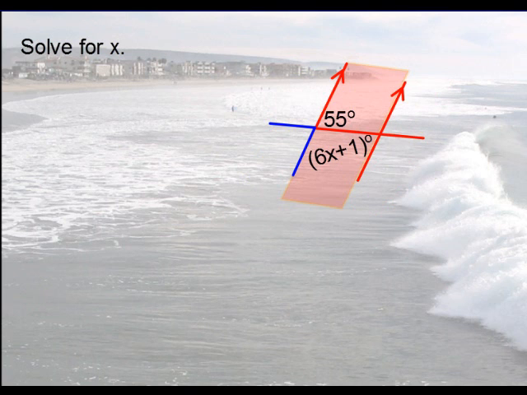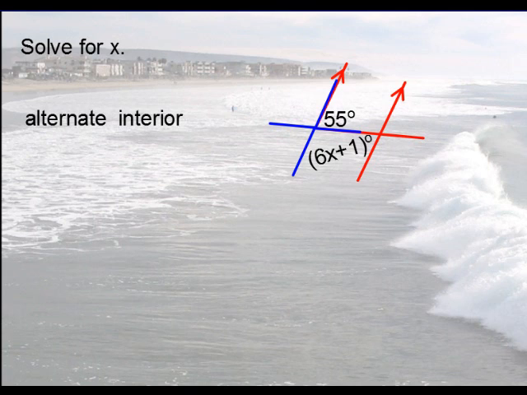Notice that both angles are in the interior, and also notice that both angles are on alternate sides of this transversal running across. So with reference to this transversal, you have one angle on top and one angle on the bottom. Recall that the same side angles in the interior or in the exterior are the ones that are supplementary.